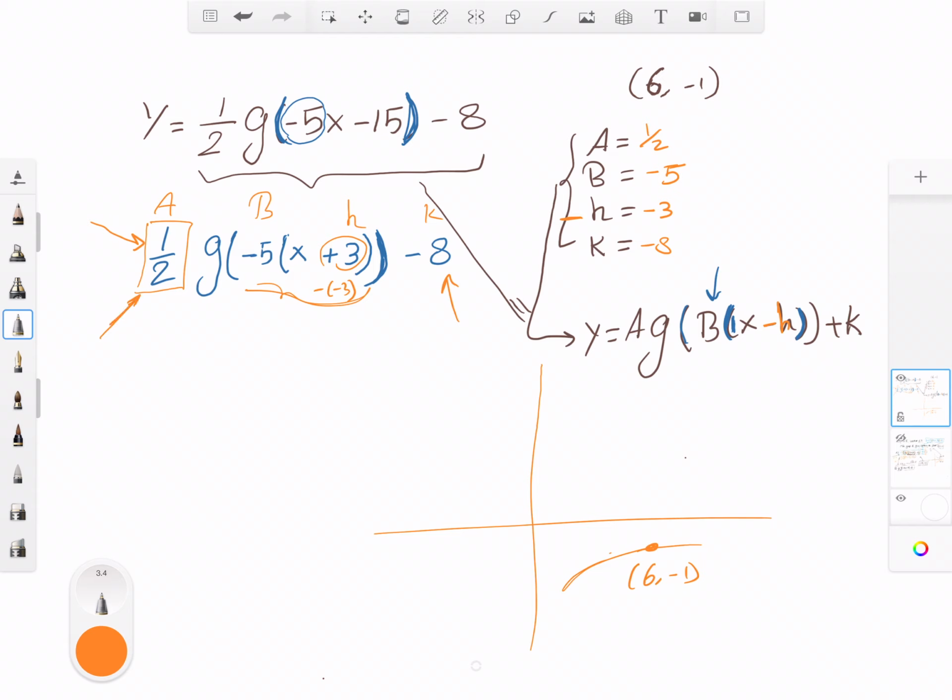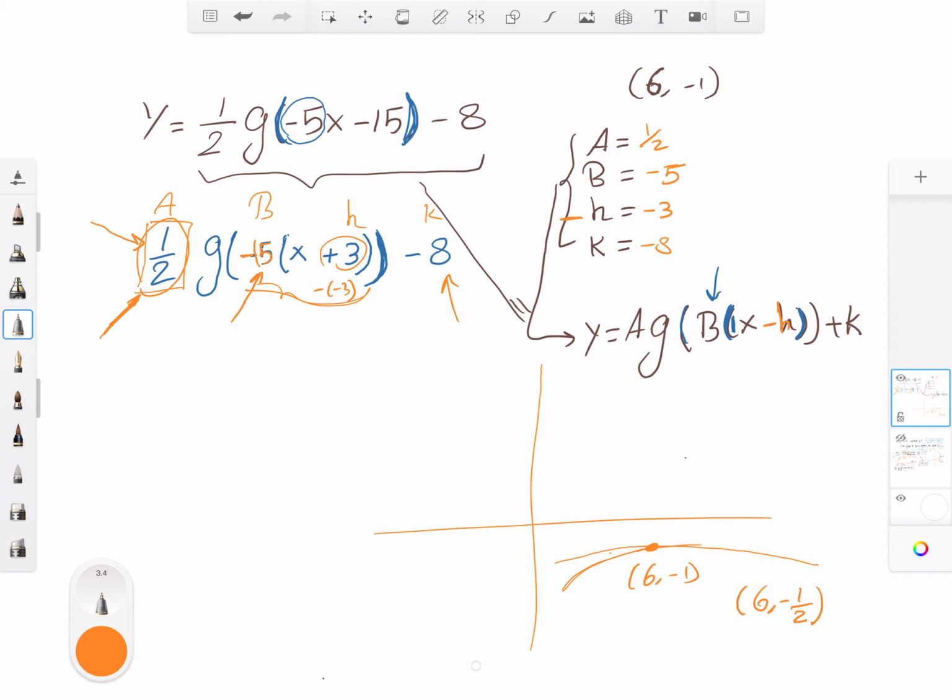This is less than 1, so it will be compressed vertically. But the point will be, after applying 1/2, (6, -1/2). Just multiply -1 by 1/2.